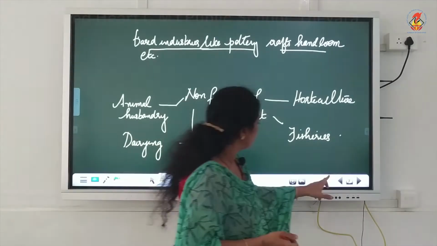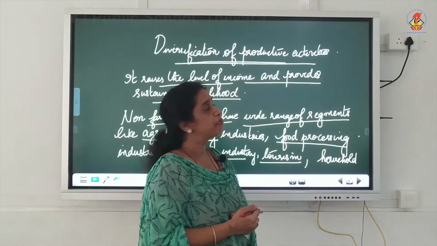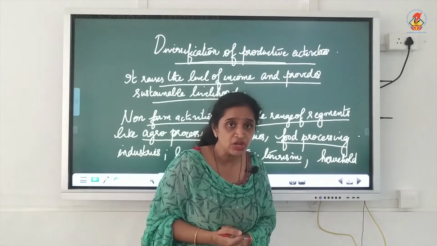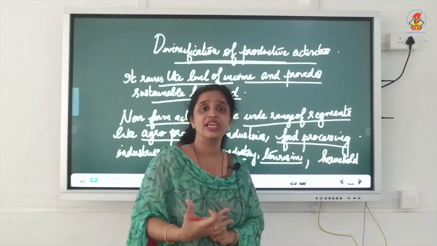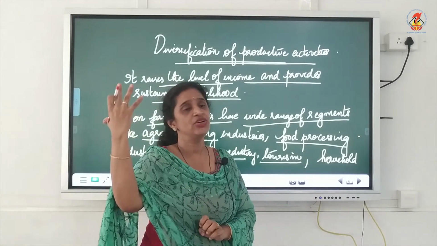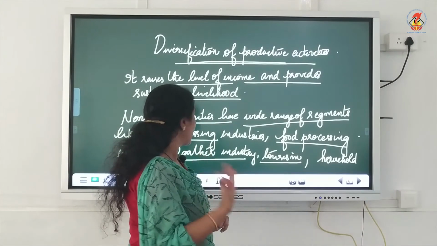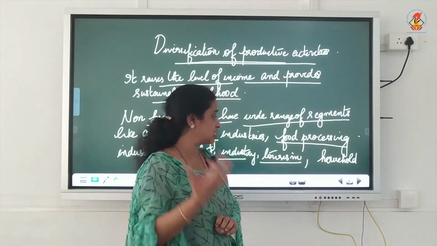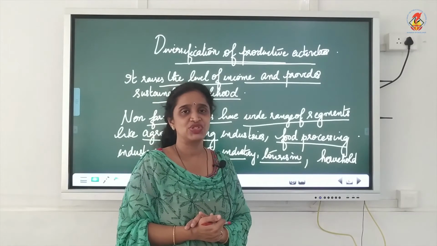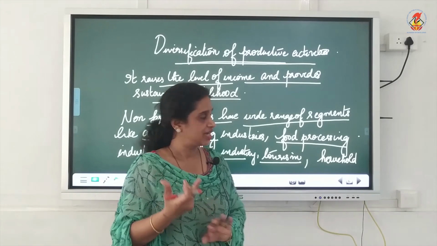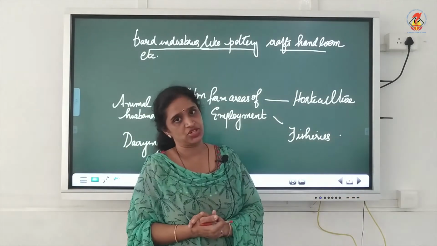So, the diversification of productive activities raises the level of income and provides a sustainable livelihood option, and it helps the people to engage in wide variety of segments. For example, agro-processing industries, food processing industries, tourism, household-based industries such as handloom, then pottery, crafts, etc.